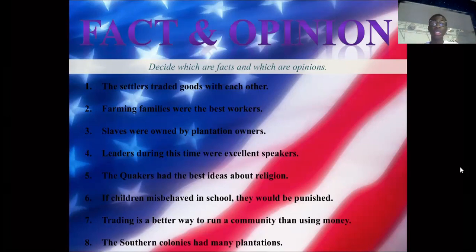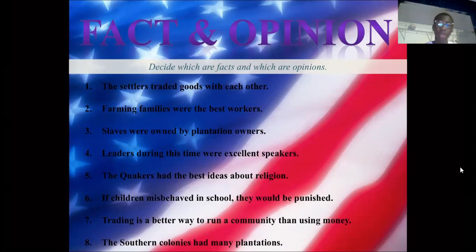Fact. Leaders during this time were excellent speakers. Opinion. The Quakers had the best ideas about religion. Opinion, because that's what they believed. If children misbehaved in school, they would be punished. We learned about that. That's a fact. Trading is a better way to run a community than using money.